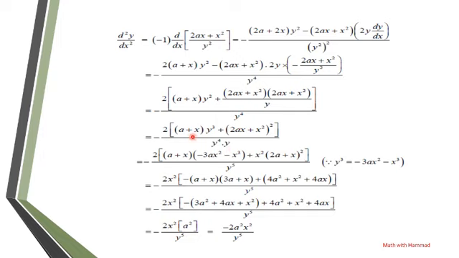So open the bracket, a plus x and y cube. The value of y cube is minus 3x square minus x cube.